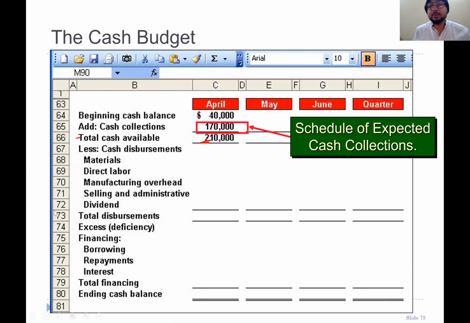Cash disbursement: material, labor, manufacturing overhead. And remember, for manufacturing overhead, only cash expenses are involved; non-cash expenses are excluded. Similarly with selling, non-cash expenses are excluded from there. So you just pick the numbers here.